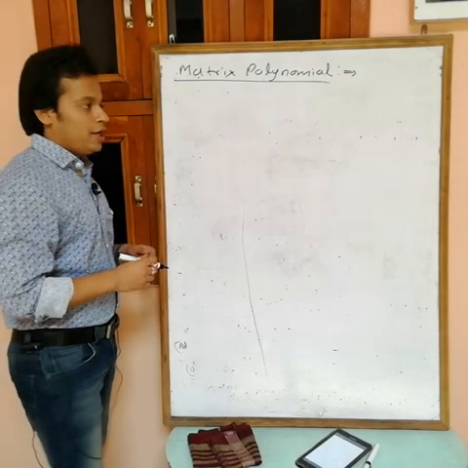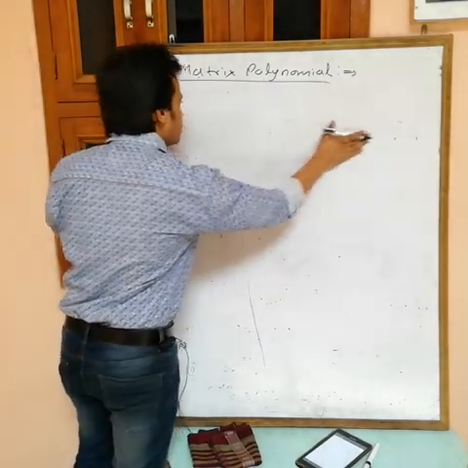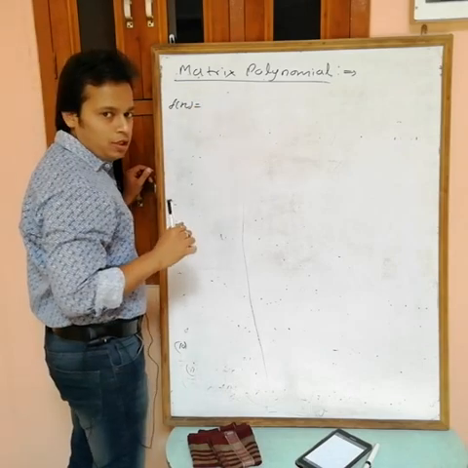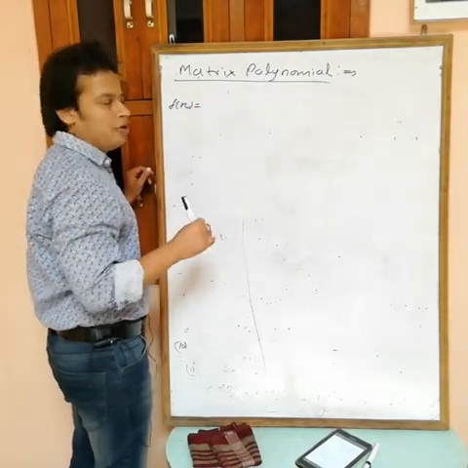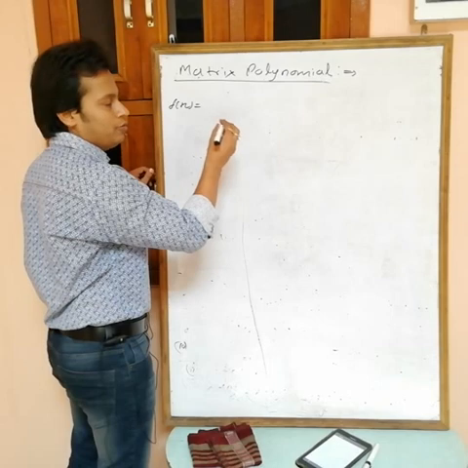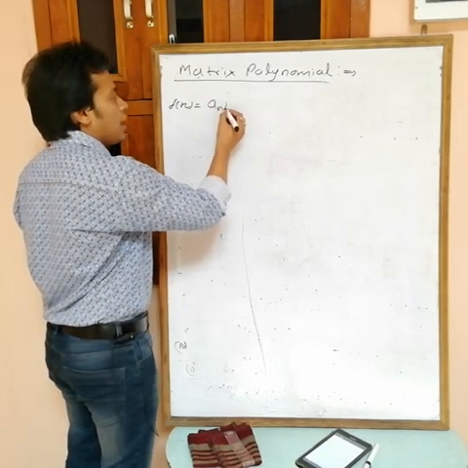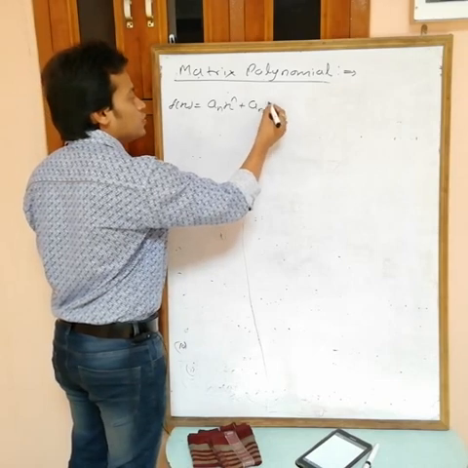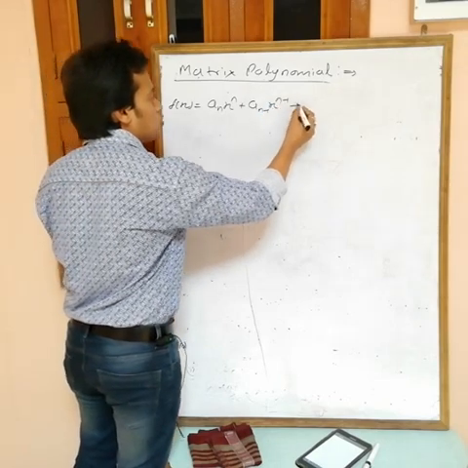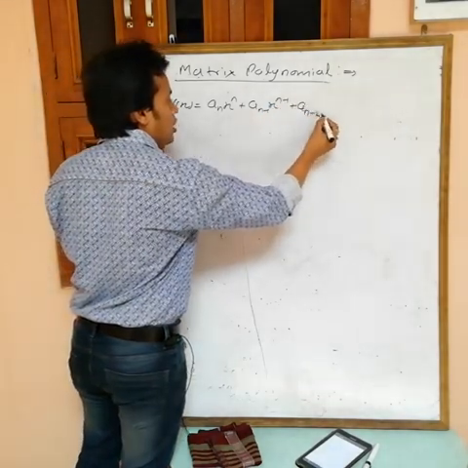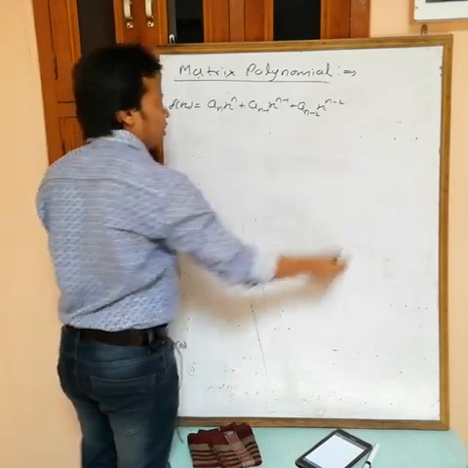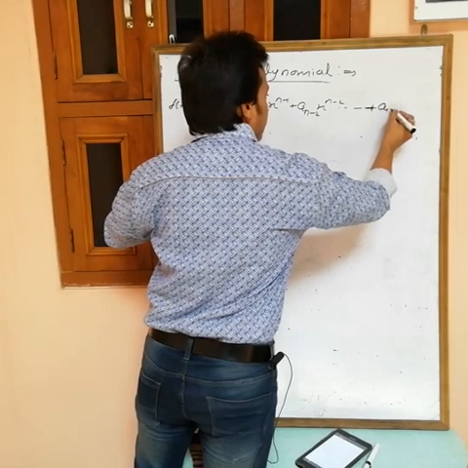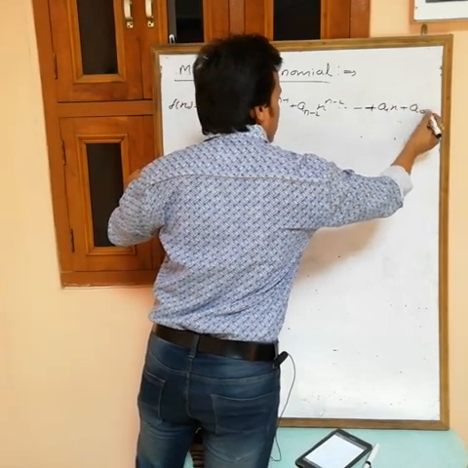Actually, if you are writing any polynomial function in x, then the polynomial is a_n x^n + a_(n-1) x^(n-1) + a_(n-2) x^(n-2) + ... + a1 x + a0.